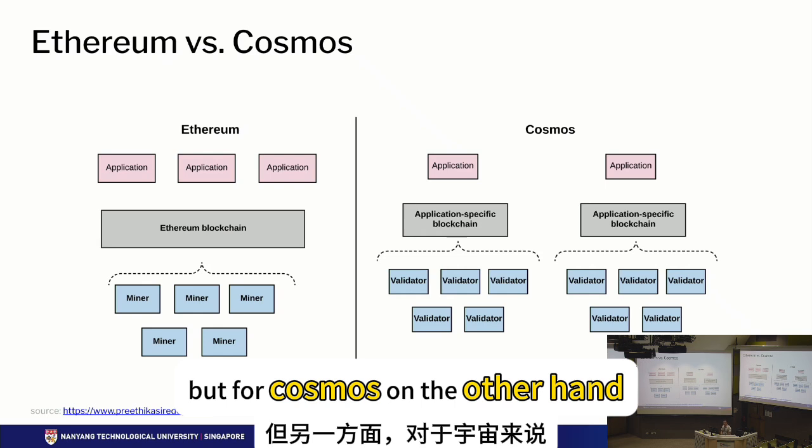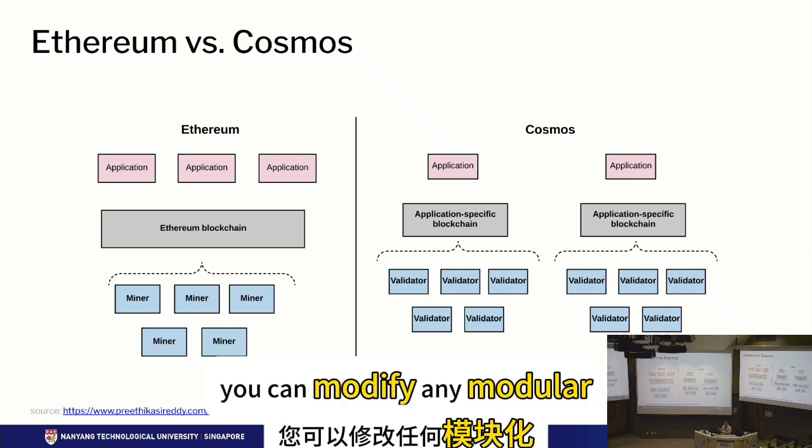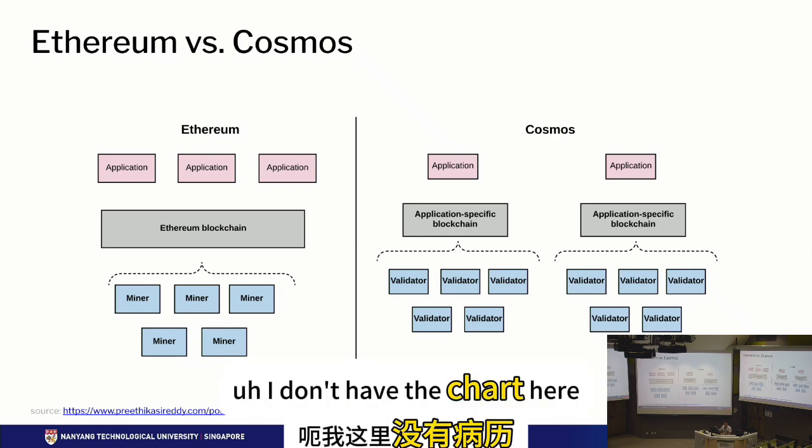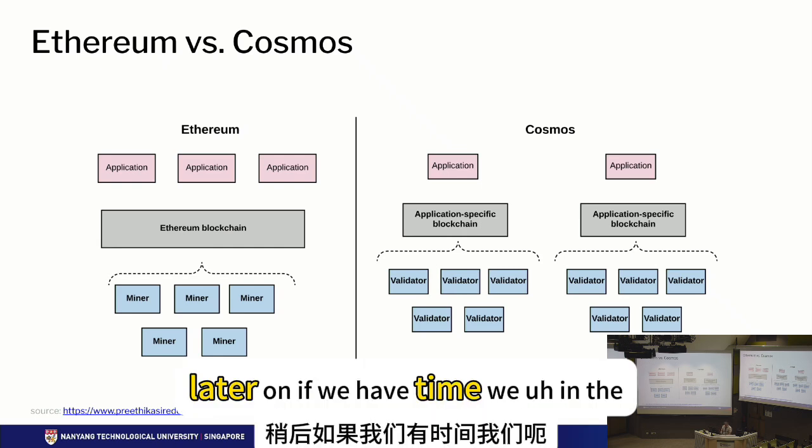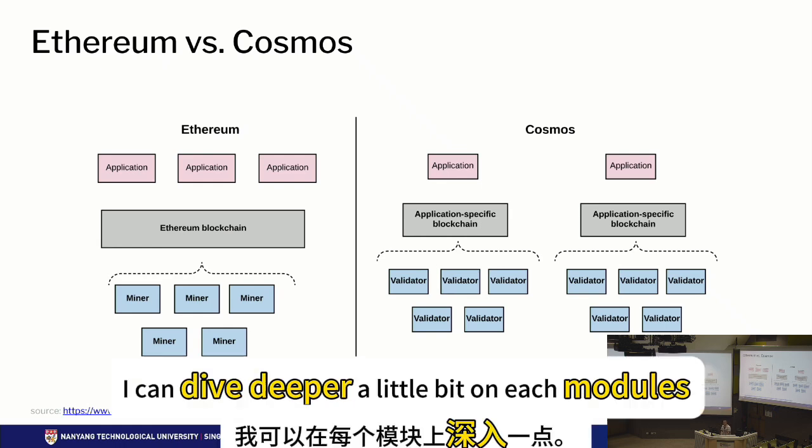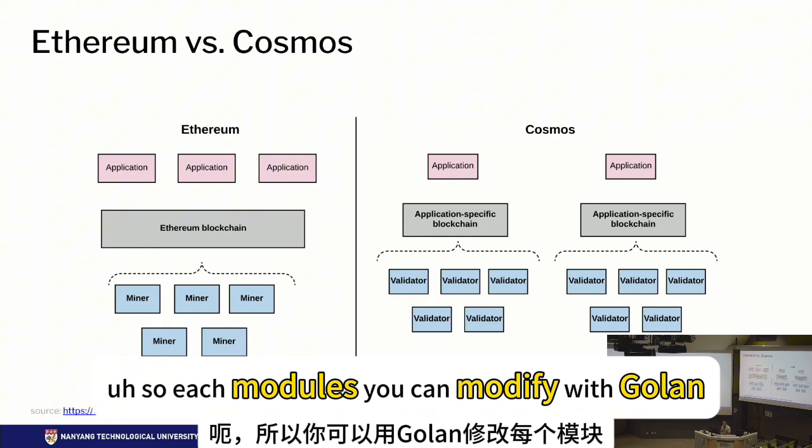For Cosmos, on the other hand, you can modify any module. I don't have the chart here. Later on, if we have time, in the last session, I can dive deeper into each module. Each module you can modify with Golang.